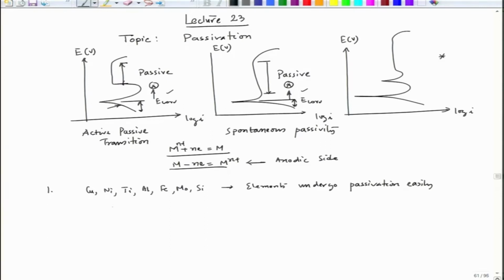So, if these elements are present in an alloy, in the form of solid solution, that alloy can also form a passive alloy.